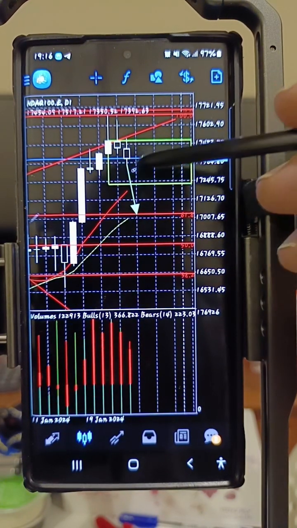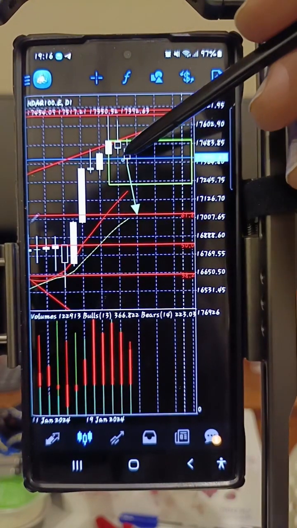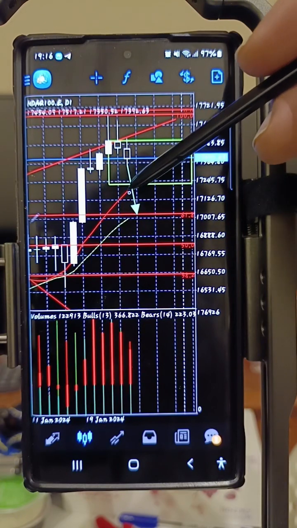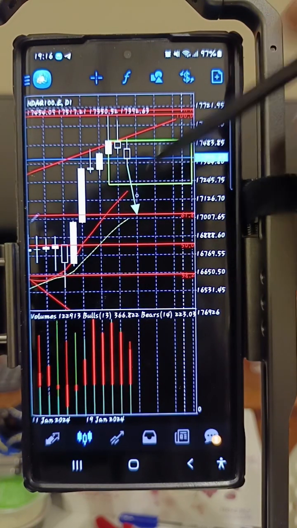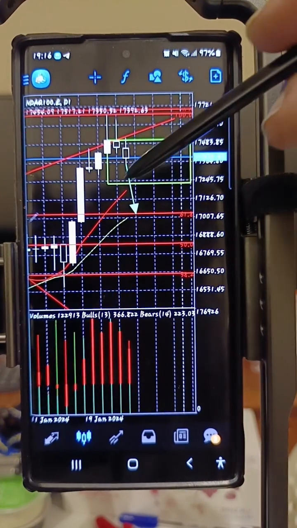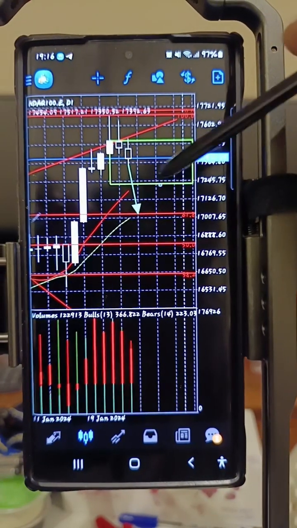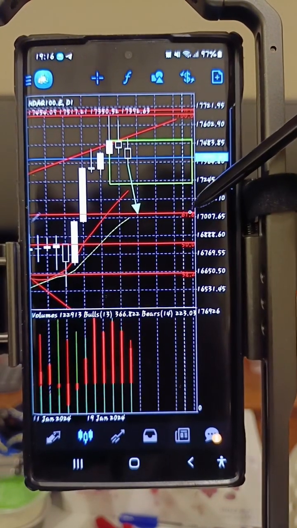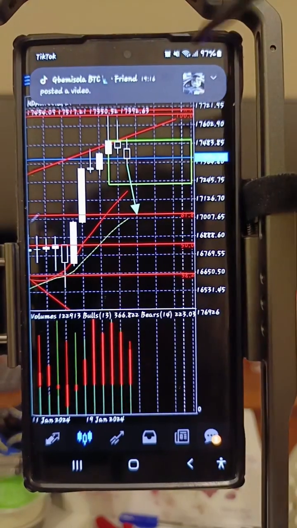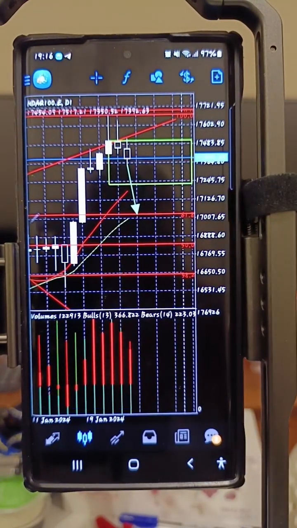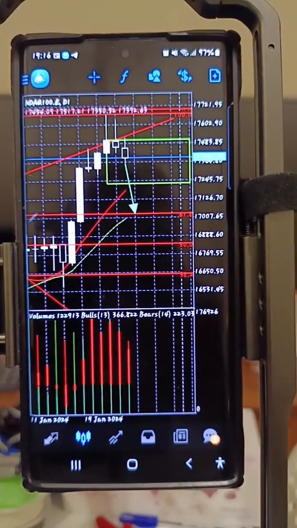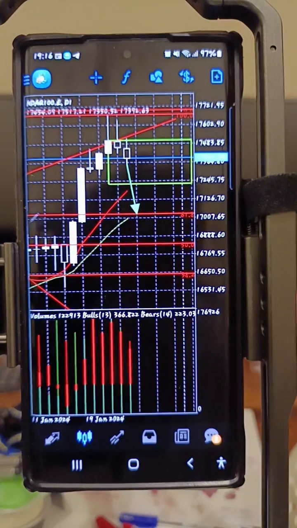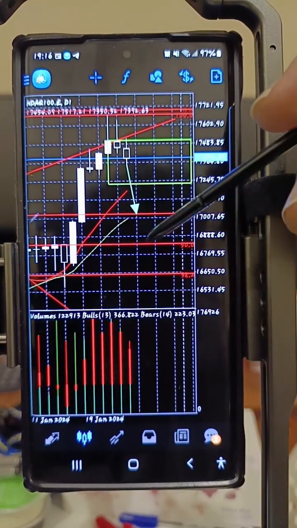As the sellers come in and the consolidation within the Asian market, I will look to see if it comes and sits by the 10 or comes to the 61.8 and starts to bounce, awaiting the London session.